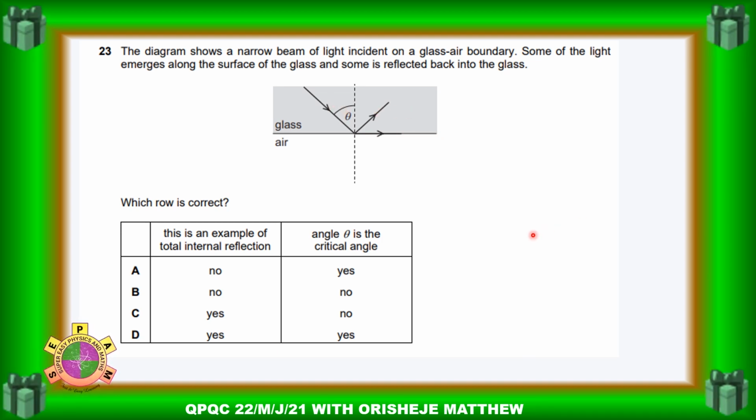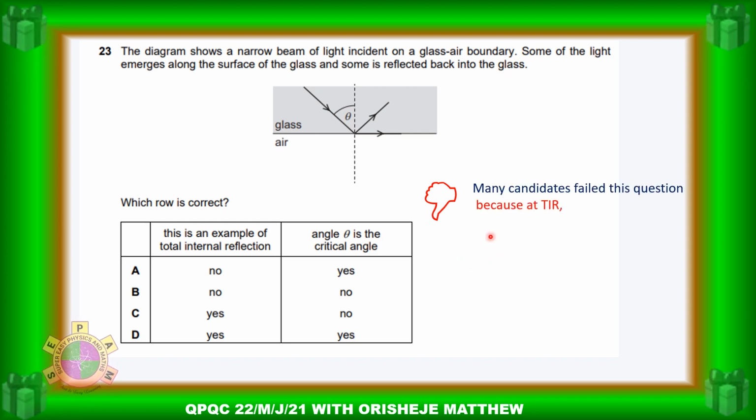Let's see. Most students fail this question. These are the two conditions for total internal reflection. The angle of incidence theta must be greater than the critical angle for total internal reflection to take place. Then there is no refracted ray when total internal reflection takes place.